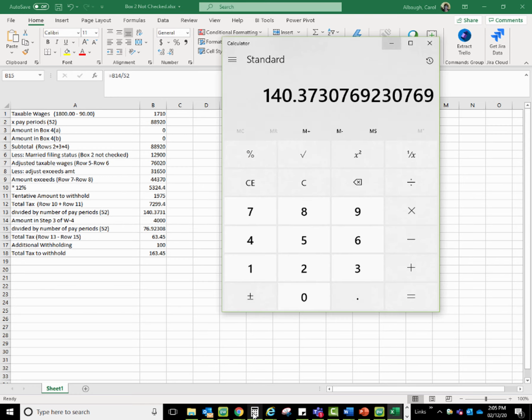Let's bring up our calculator and take the $4,000 from the box 3, divide that by the 52 weeks, and there's a credit of $76.92.